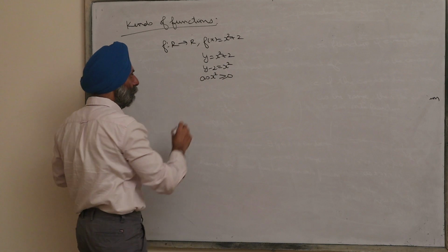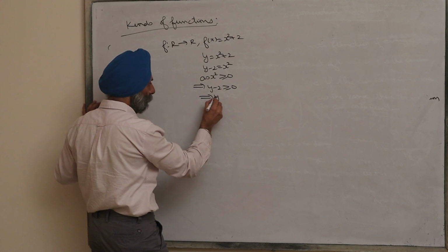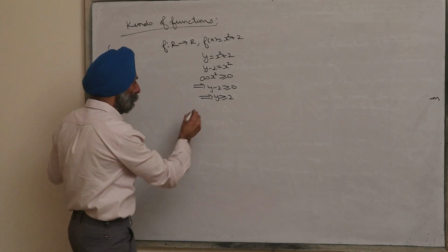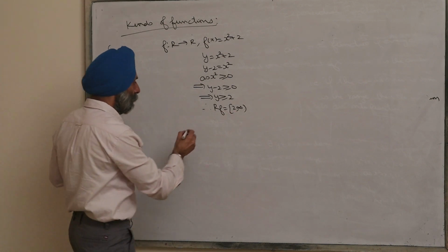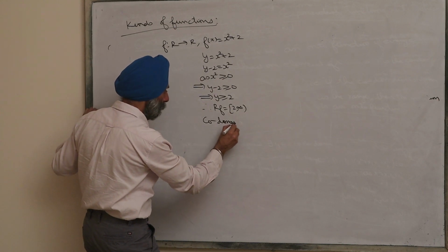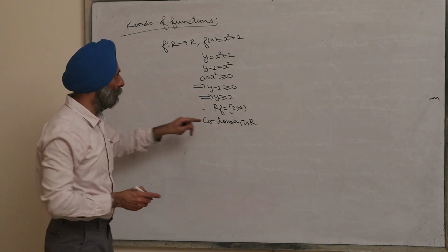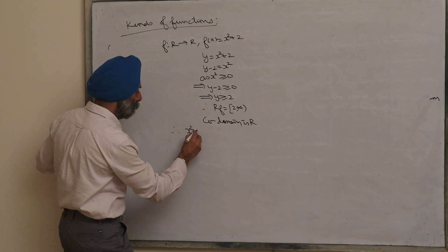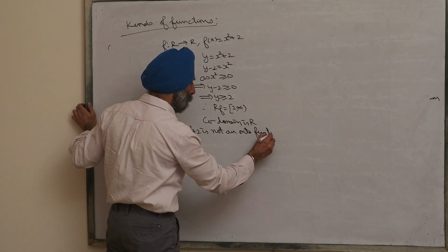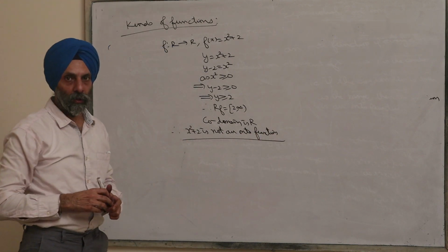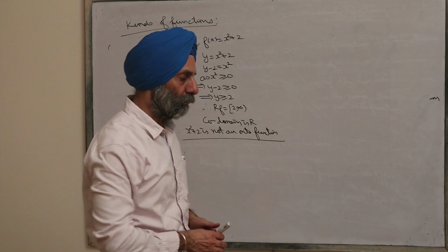As x square is greater than or equal to 0, this implies that y minus 2 is greater than or equal to 0. This implies y is greater than or equal to 2. So therefore the range of this function is 2 to infinity. Now the codomain is R. Since the codomain is not same as the range, therefore x square plus 2 is not an onto function. If the codomain is same as the range, then it is onto. If it is not same, then it is not an onto function.